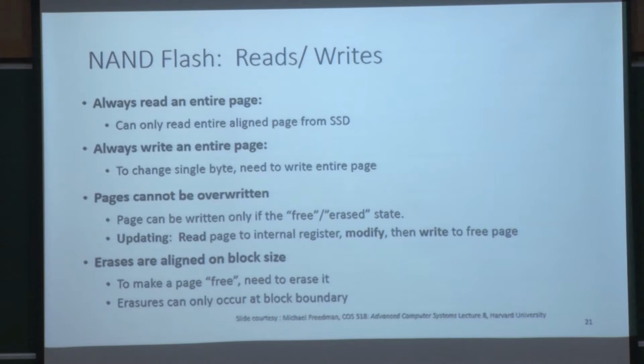If you are making repeated changes to a file, at some point you'll have a lot of invalid pages. And if you create a new file now, you can't really, because you need to erase all those blocks that contain all those invalid pages. So for doing that, you need to do what is known as garbage collection, which is a very well known feature in things like the Java virtual machine.